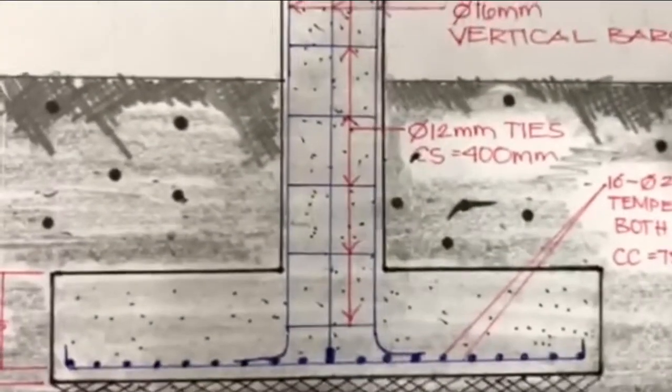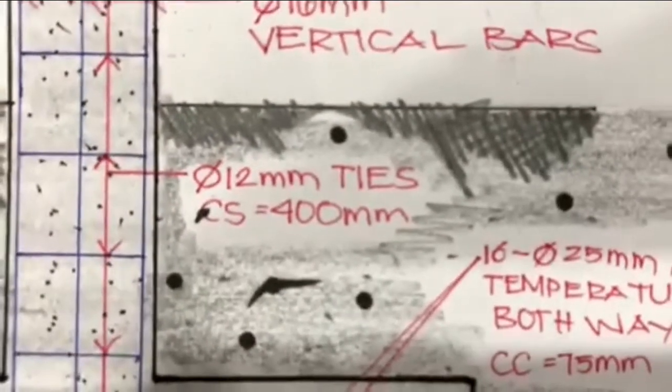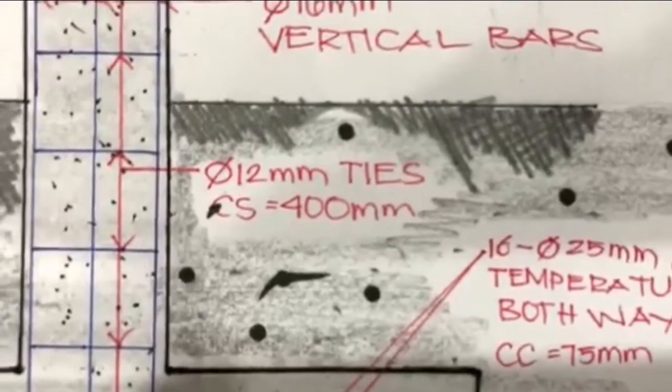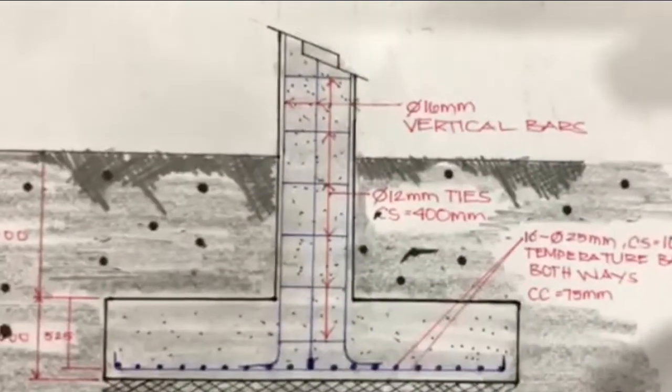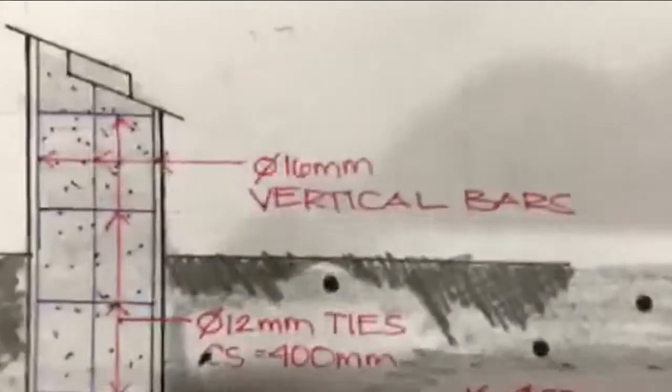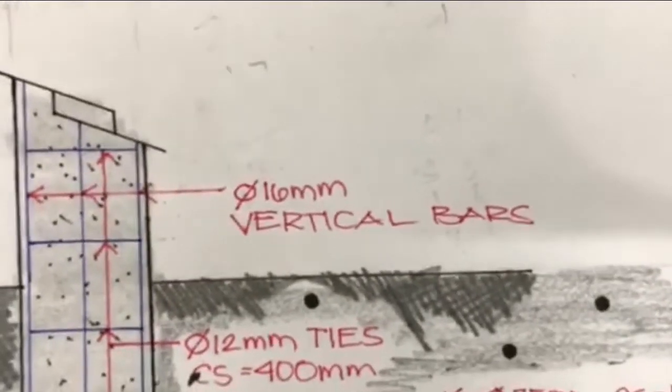Next, the lateral ties are here. Their diameter and clear spacing are detailed also. And lastly, for the vertical bars, you should show at least the diameter of the vertical bars.